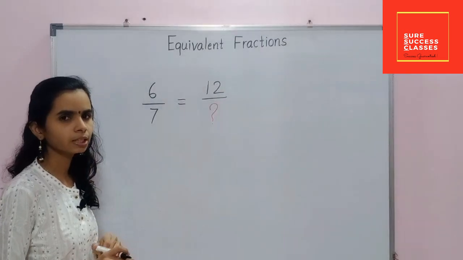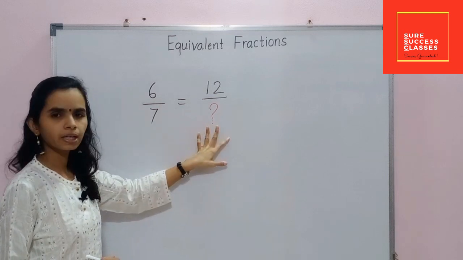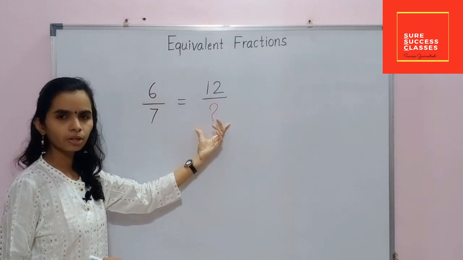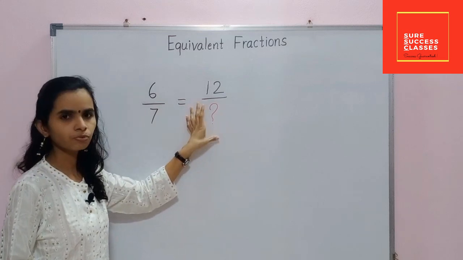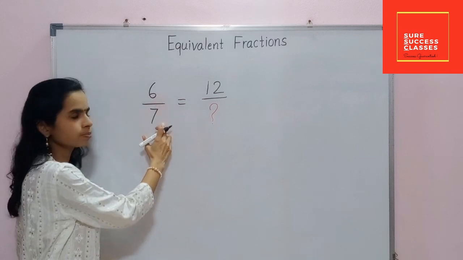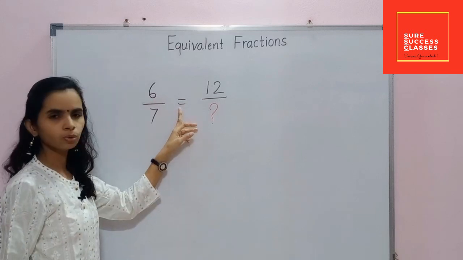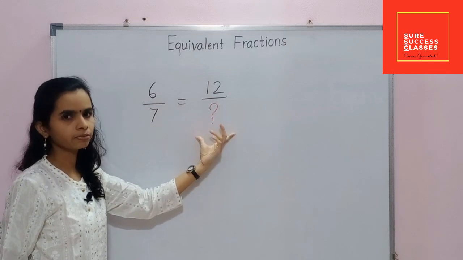Let's solve questions related to equivalent fractions. Here a question mark is given, means we have to find the missing number at the place of the denominator of this fraction, and this fraction is 6 by 7. It is equal to, means these two fractions are equivalent fractions.